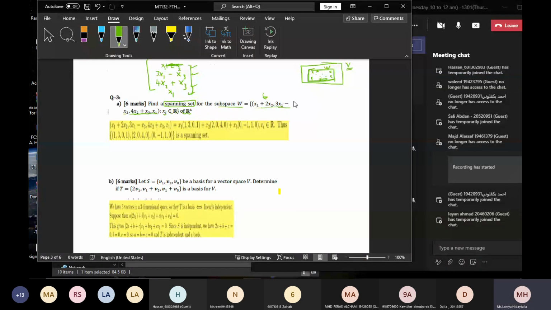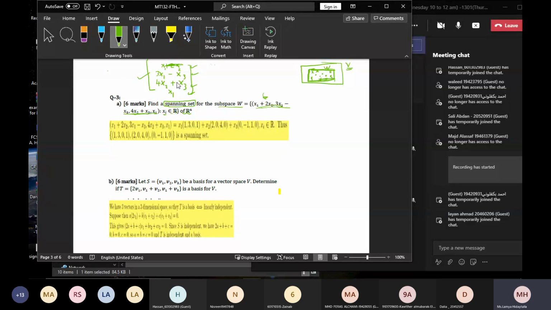He showed me how the elements here look, like this. And he wants me to find the elements that span this space, that generate all the elements here.